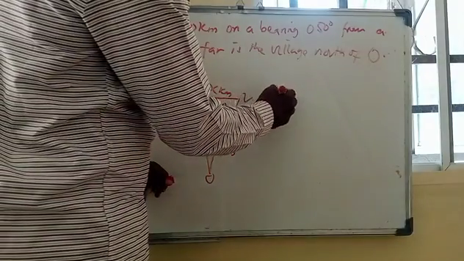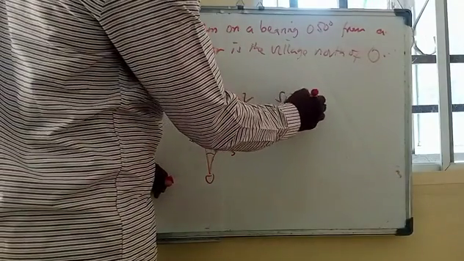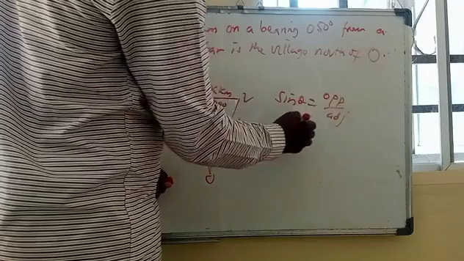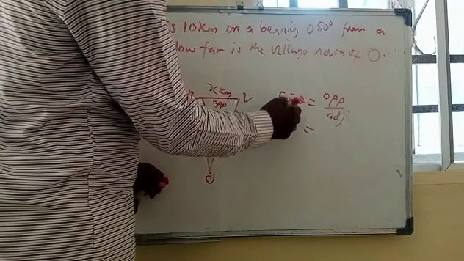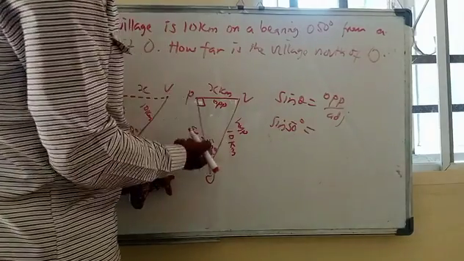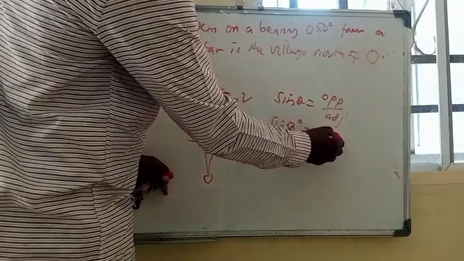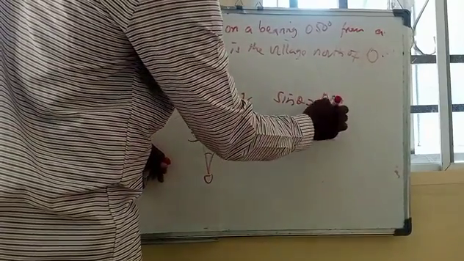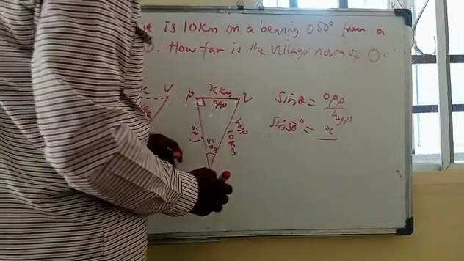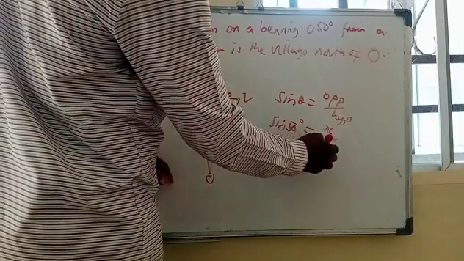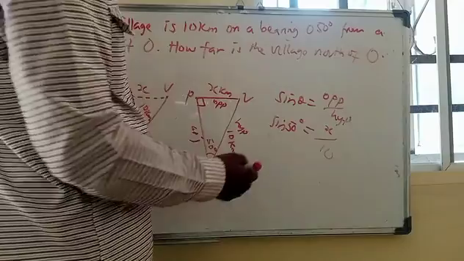We already know that sine of theta is opposite over hypotenuse. Here, our angle theta is 50, the opposite of the angle is S, and the hypotenuse is 10. So sine 50 equals S over 10.